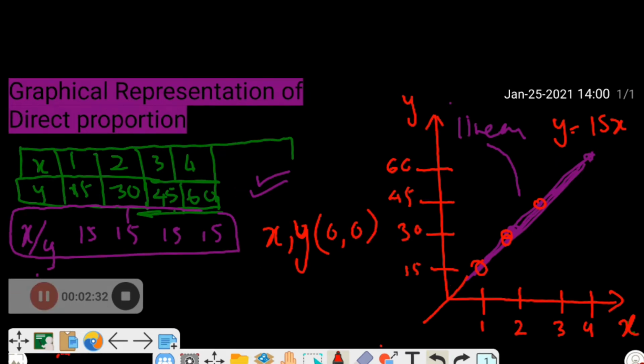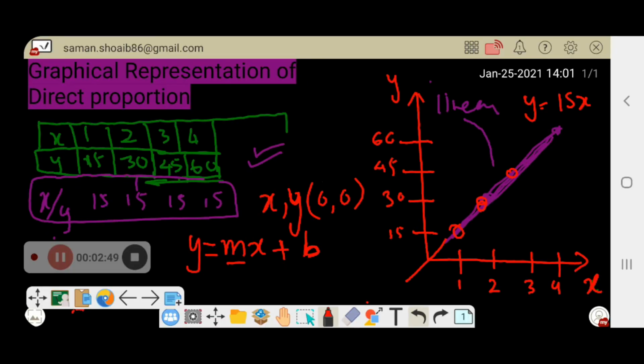One of the other reasons is that since it's a straight line, we know the formula of the straight line, that is y is equal to mx plus b, right? So here m is the slope, x is the variable, and b is the y intercept.